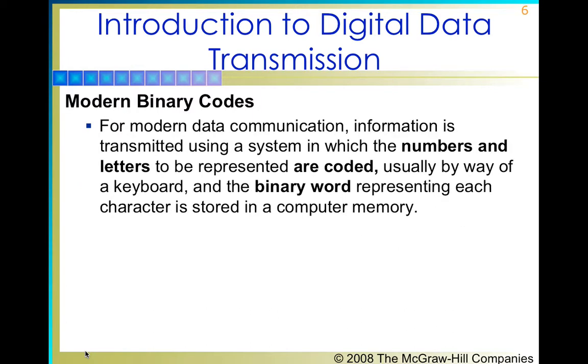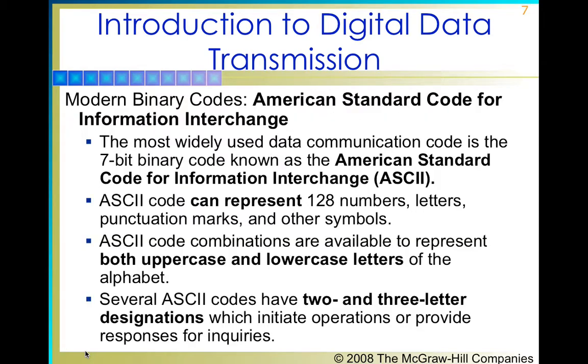The modern binary codes consist of numbers and letters, which are encoded and then represented in an 8-bit number, and that 8-bit number is stored in the computer memory for later use.